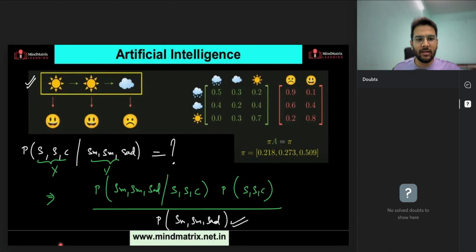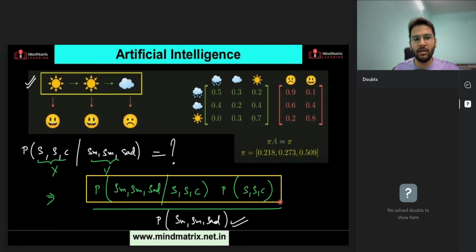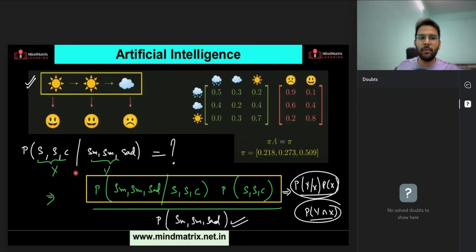Can I say this numerator is nothing but the joint probability distribution for this particular sequence of events? Yes or no? Because if I write y given x, probability of x, this is nothing but probability of y intersection x, or the joint probability.